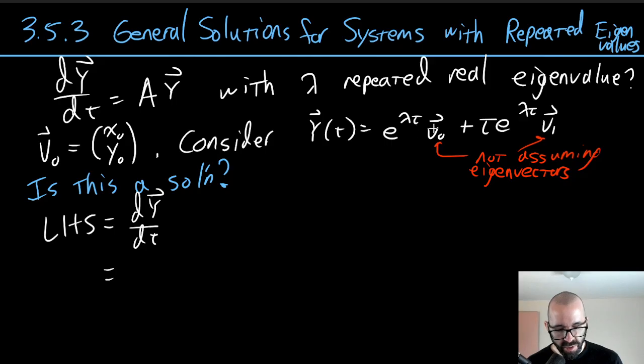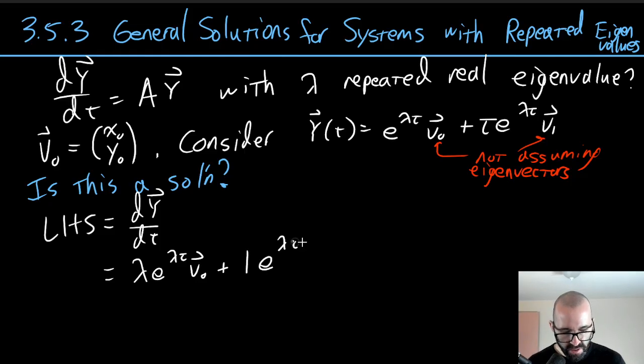So derivative of this with respect to t, again, v naught's a constant, so it's just going to be lambda e to the lambda t times v naught. And then we need the product rule for this next one. Derivative of the first function times the second function plus the first function times the derivative of the second function.